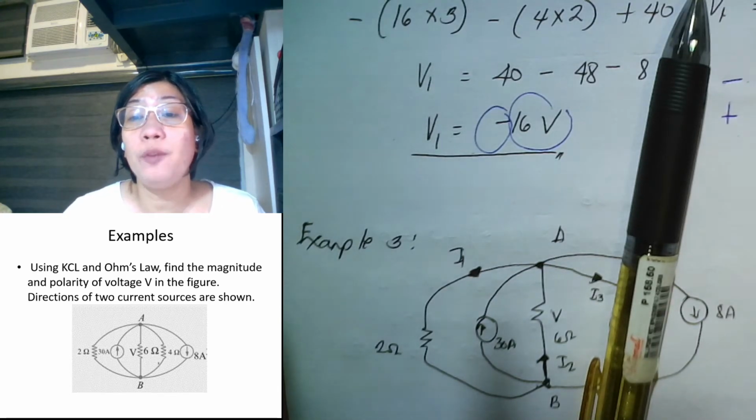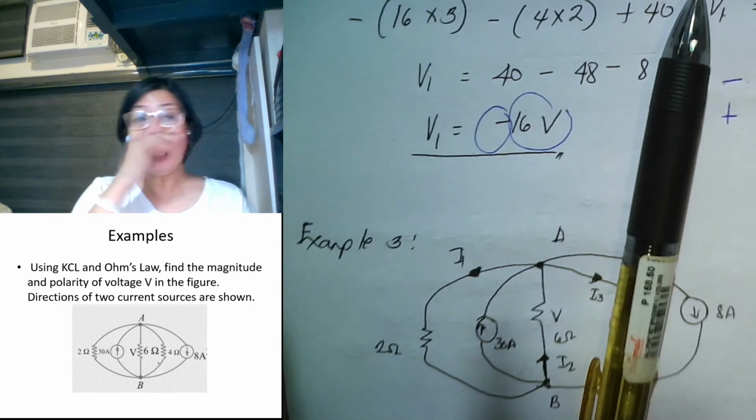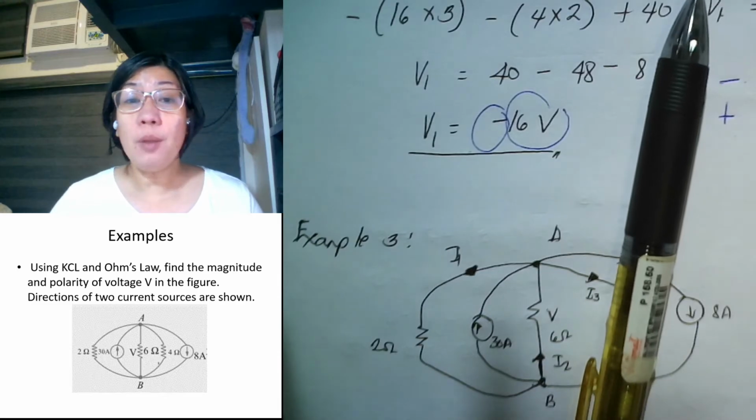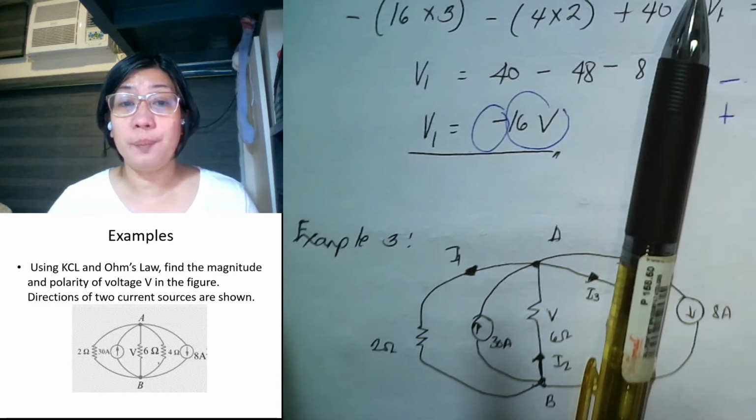We have two current sources here, 30 amperes and 8 amperes. We can redraw and assume direction. I will be showing you the solution.